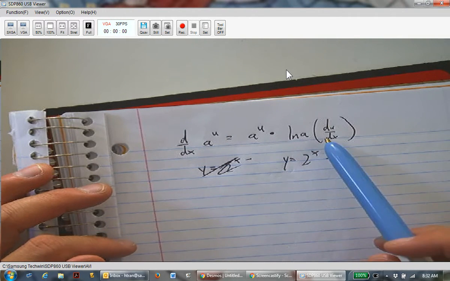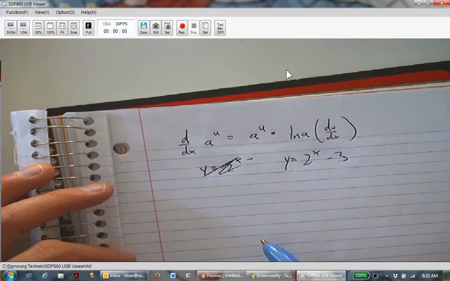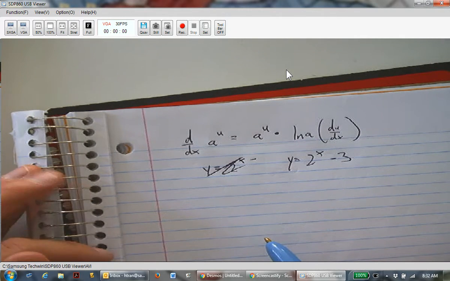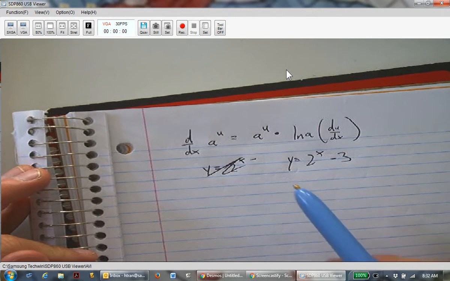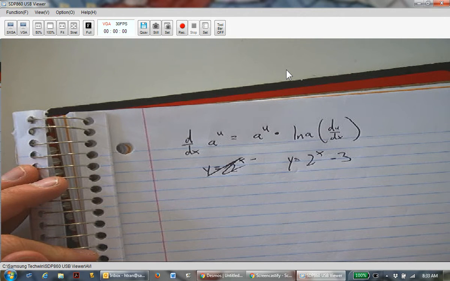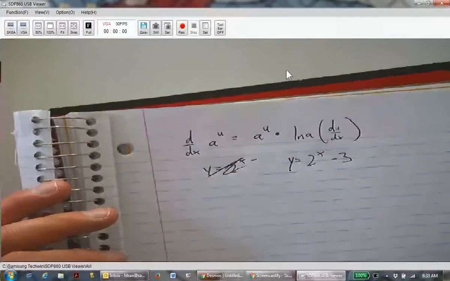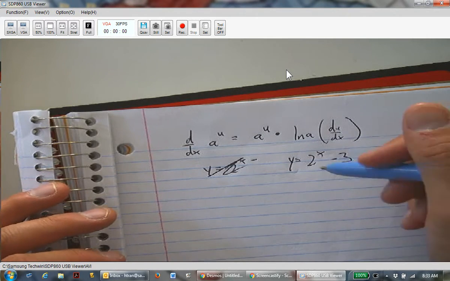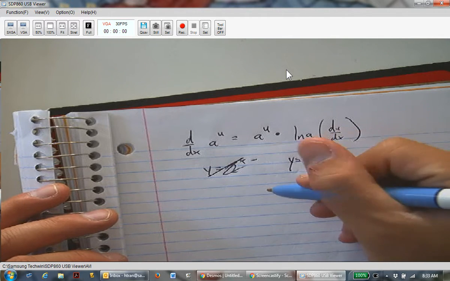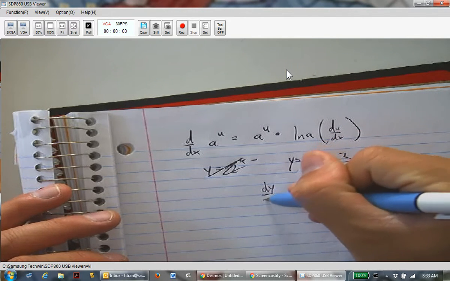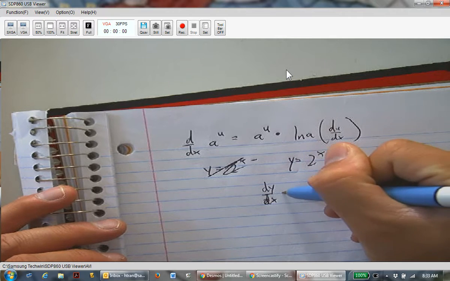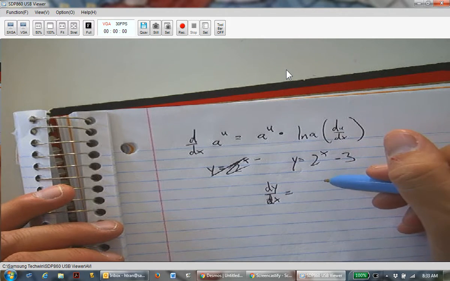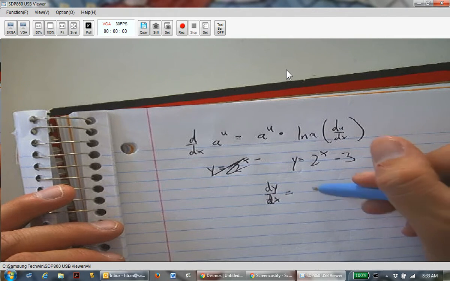I have the general formula here. What do you suggest I do? Anybody have any suggestions for what to do with this function? Yes. So you're telling me to take the derivative of this, right? Okay, so it would be what? What are we saying it is here?